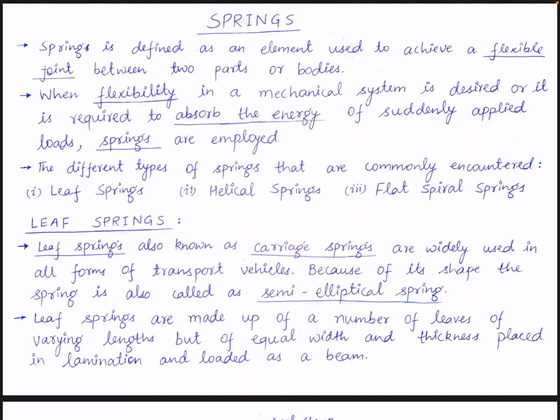When flexibility in a mechanical system is desired or it is required to absorb the energy of a suddenly applied load, springs are employed. In your bikes or cars, when there is a depression on the road, you do not feel that much exertion. Why? Because the shocks are absorbed by the springs.